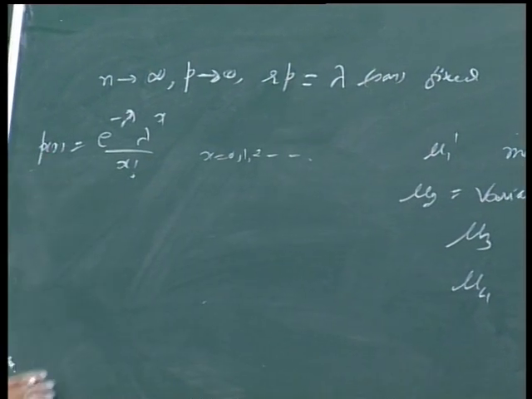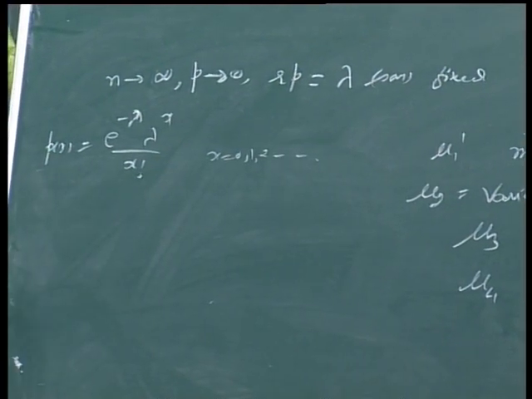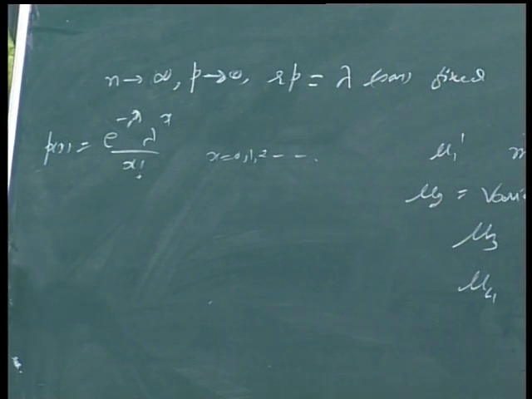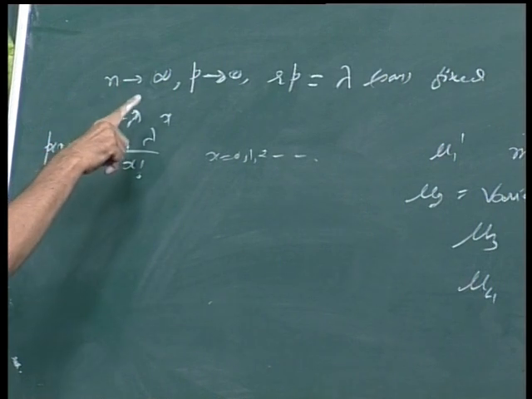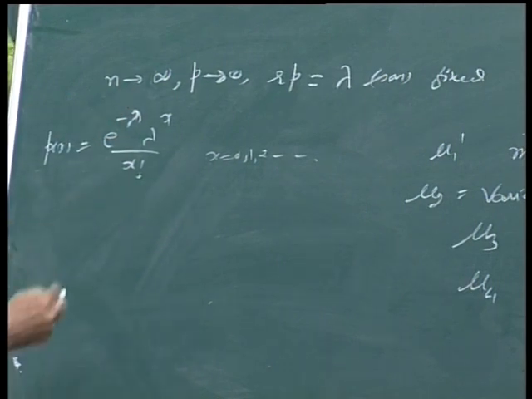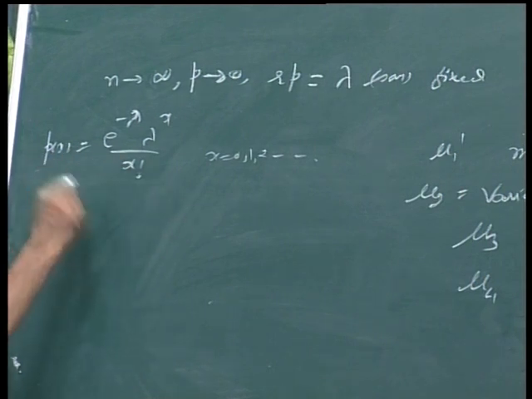Last Thursday we proved this. This is the probability function of Poisson distribution. So Simeon Poisson has proved that when n is very large, p is very very small, and np is a fixed quantity, then binomial distribution approaches Poisson distribution whose probability function is this.